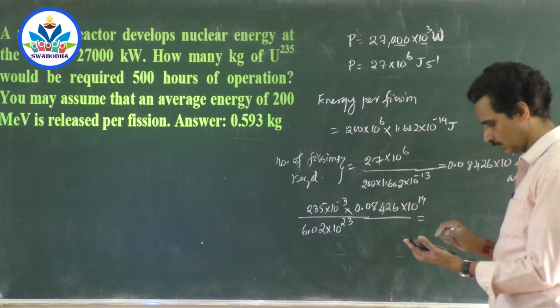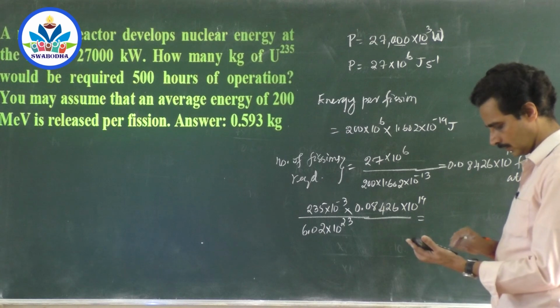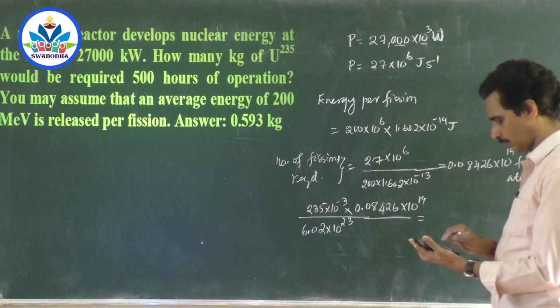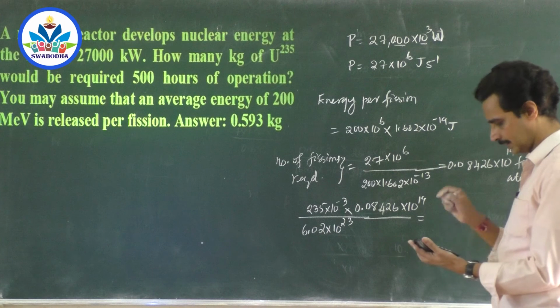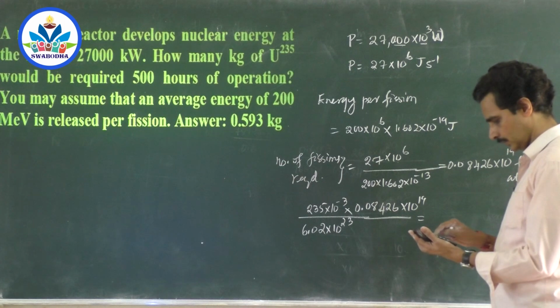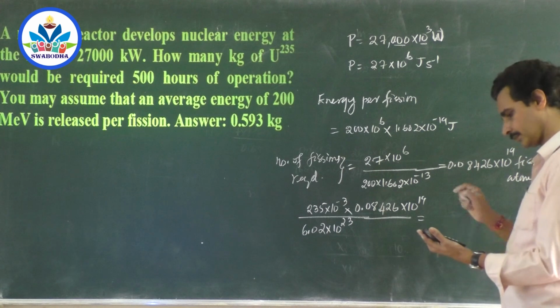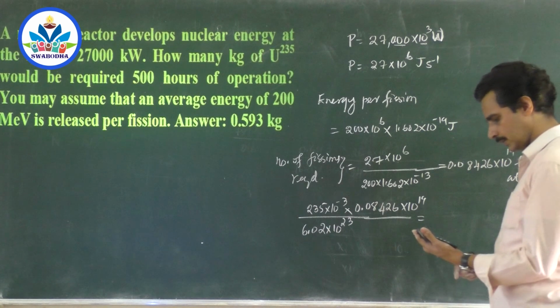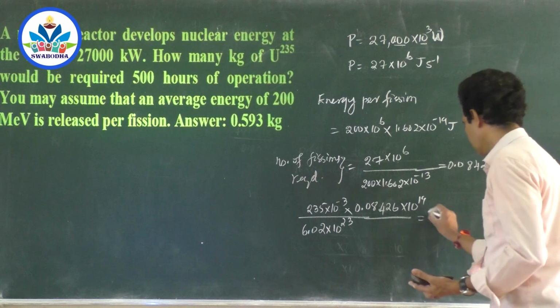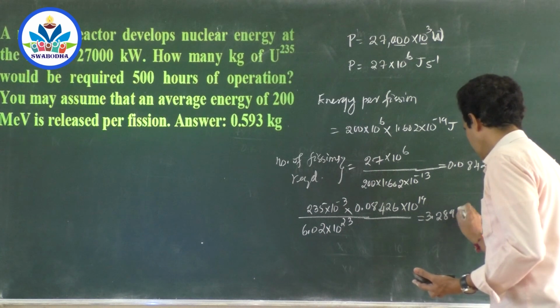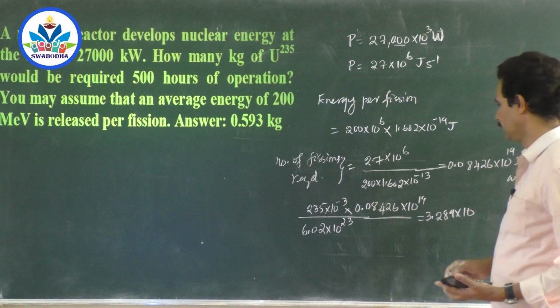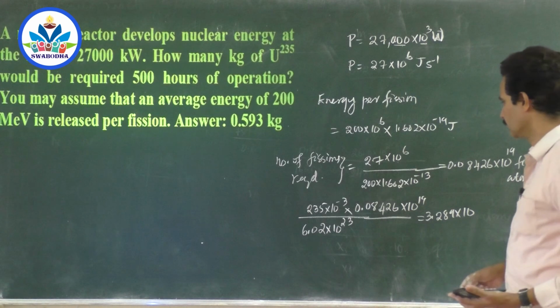235 into 0.08426, divided by 6.02, equals 3.289 into 10 to the power, so this is the mass required.